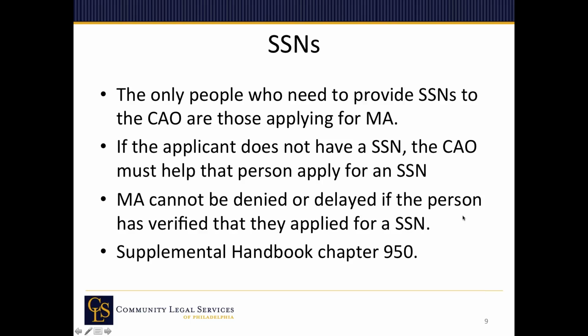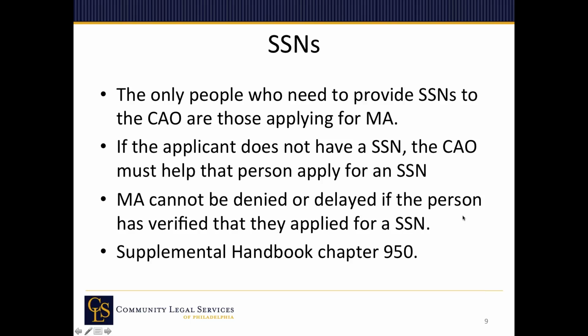For those kids, they will need to go to the Social Security office usually with a letter from the county assistance office that says this person needs to apply for a Social Security number so that they can apply for and get Medicaid. The county assistance office has to help that kid's family through that process, and then approve medical assistance if they're otherwise eligible once the application for the Social Security number is submitted.